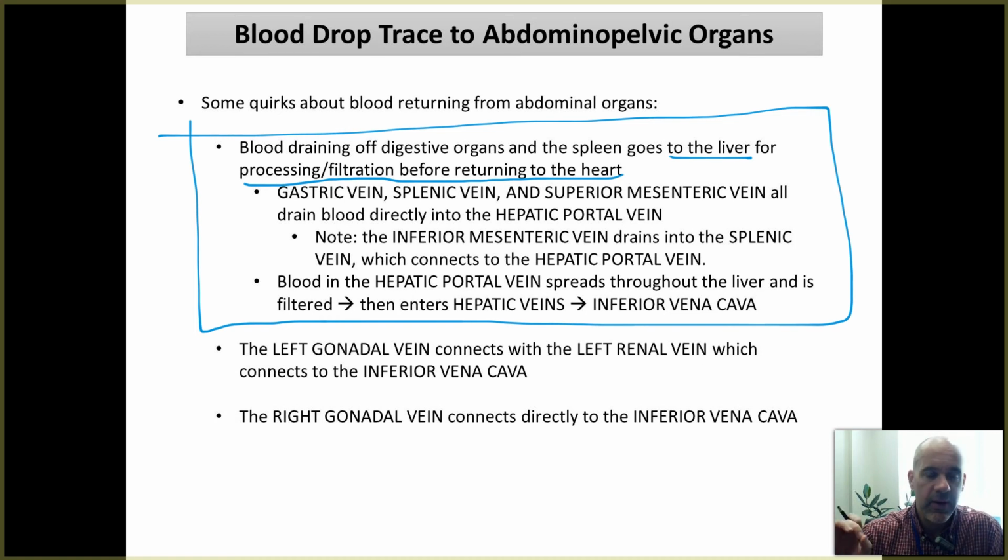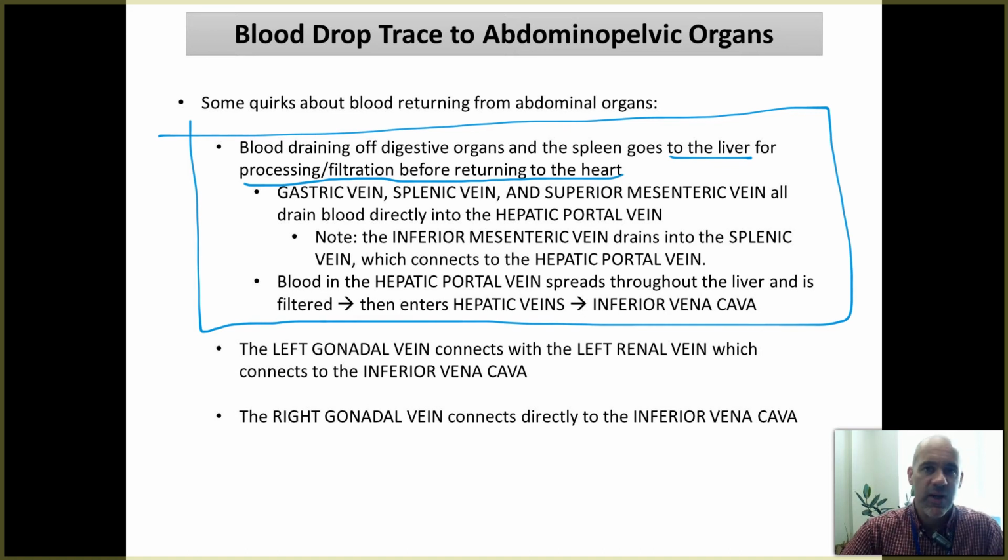So because of that, the liver has all these filtering jobs that it has to do on the blood. Blood that drains off of your digestive organs as well as the spleen actually goes to the liver first before it makes its way into the big giant vein that's going to carry it back to the right atrium.